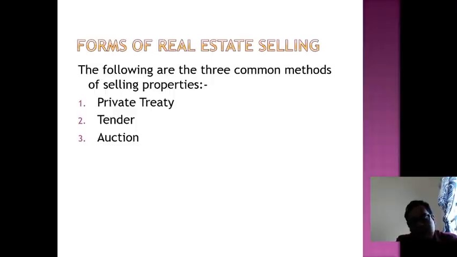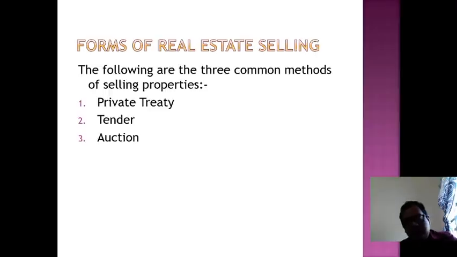Number two is through tender, where you purchase through government tenders or even private tenders. Tender is usually associated with higher value real estate products, meaning there's a very specific buyer, and not everybody can purchase this kind of property sold through tender.